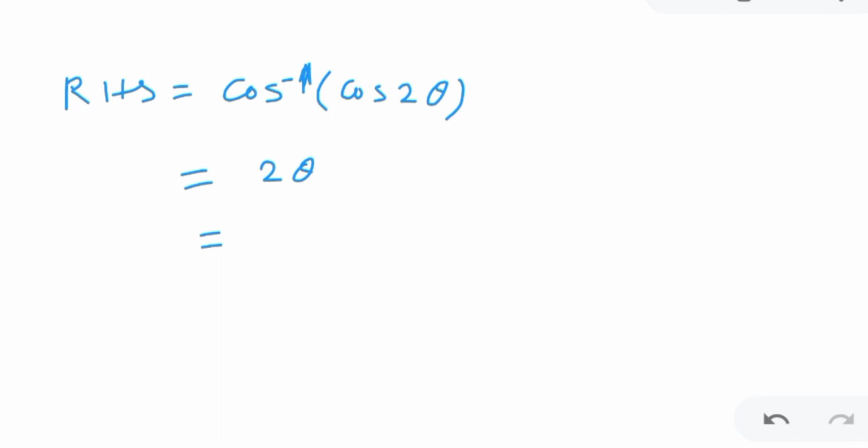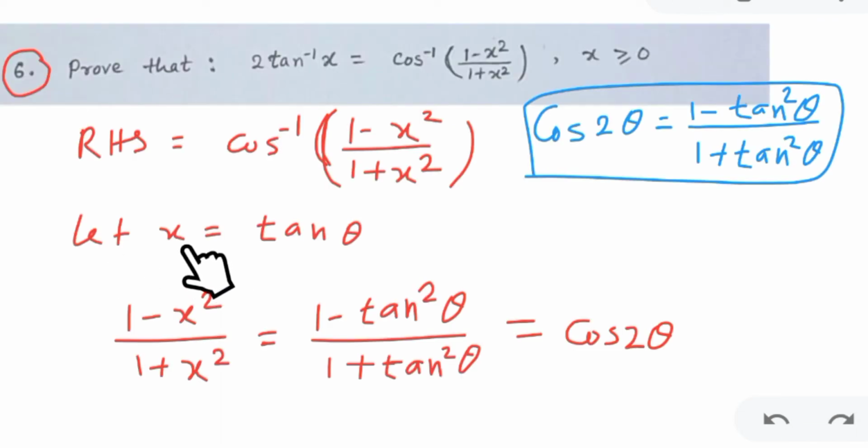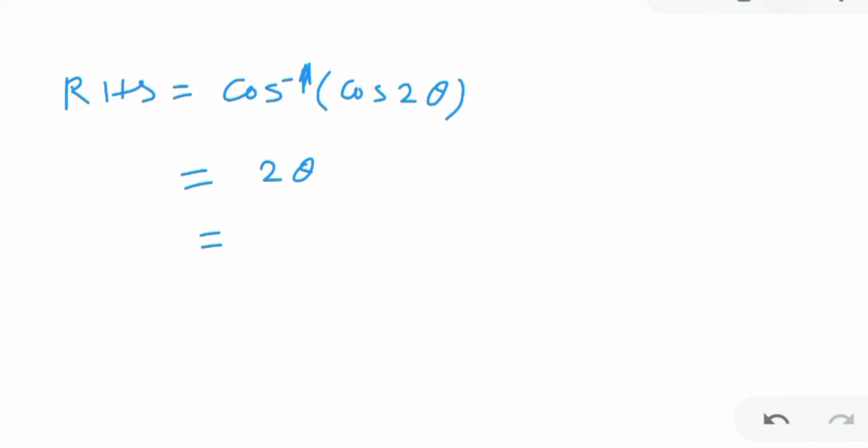Since we assumed x is equal to tan theta, can I say theta is equal to tan inverse x?